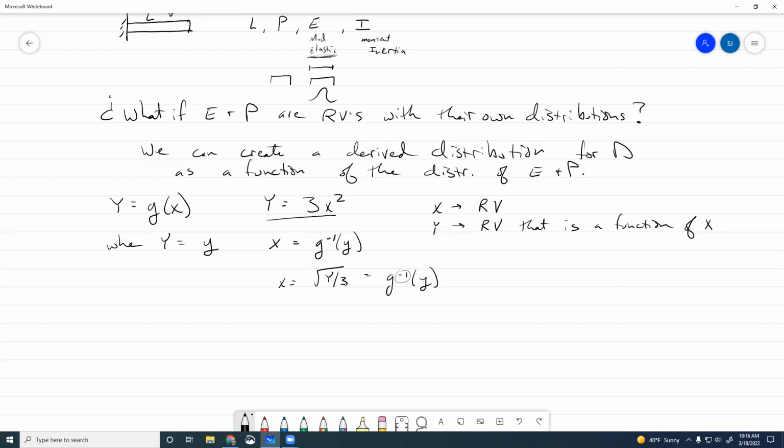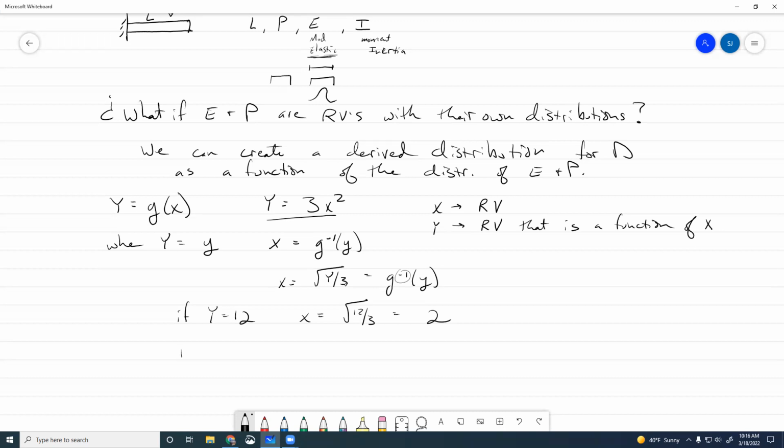So if y is equal to 12, then x is equal to square root of 12 over 3, which is equal to 2. So we know then we can basically map values of x, or we can take values of x and then map them onto y via this inverse function.